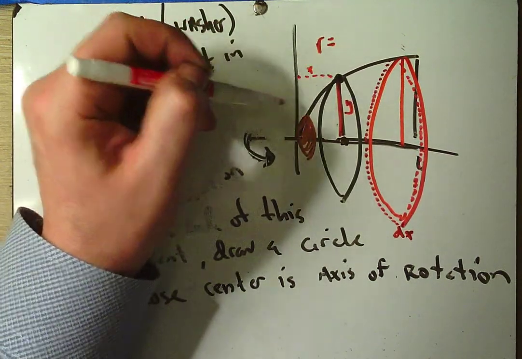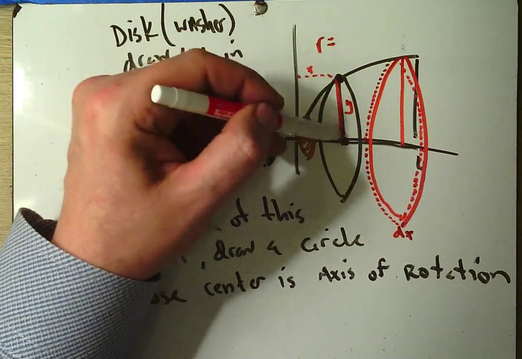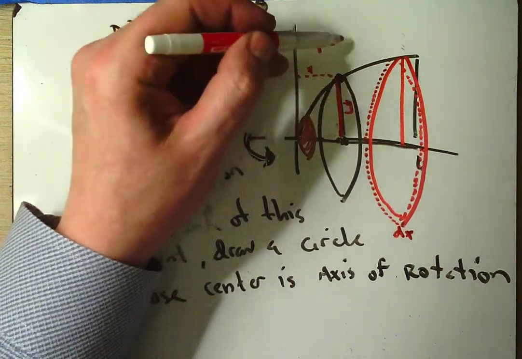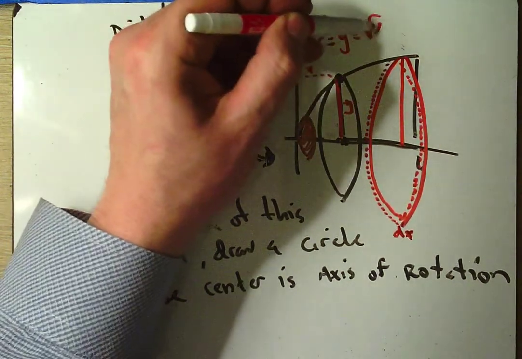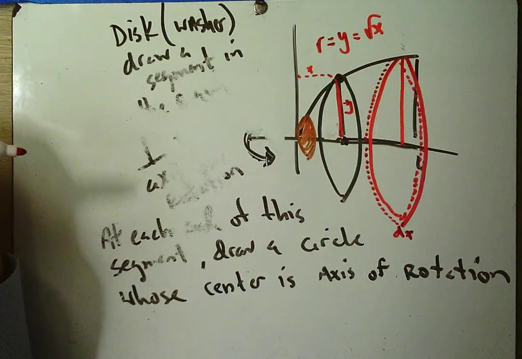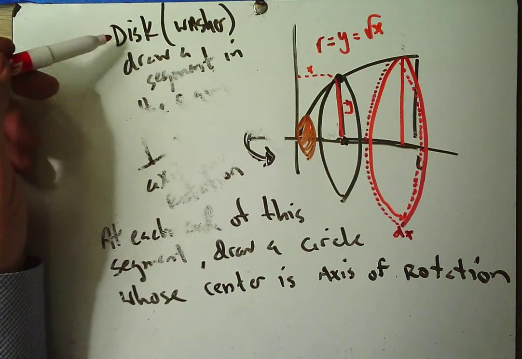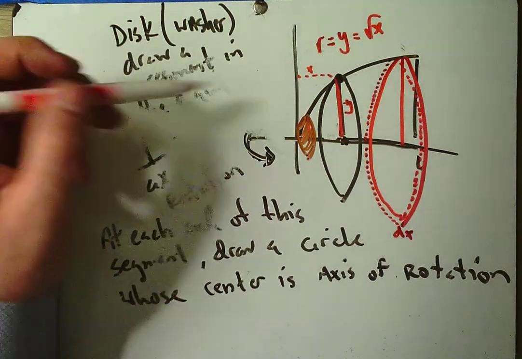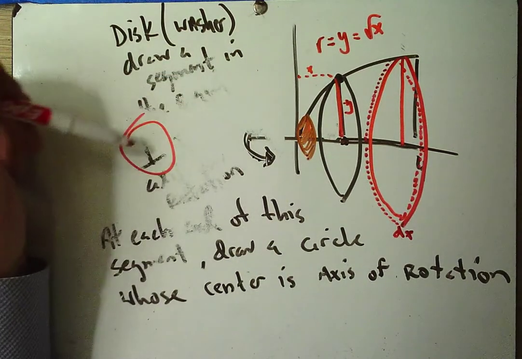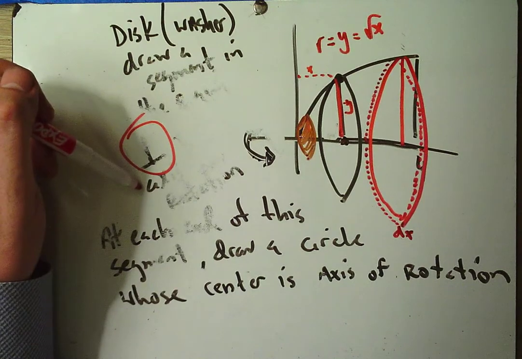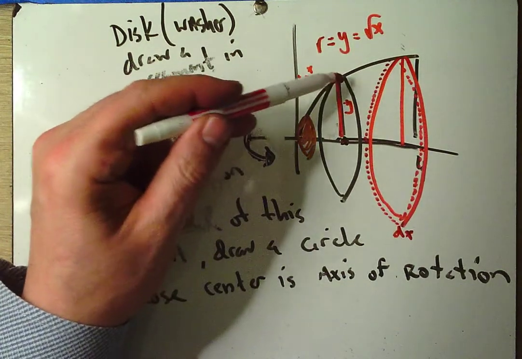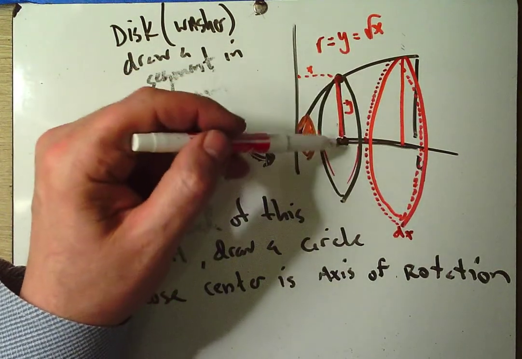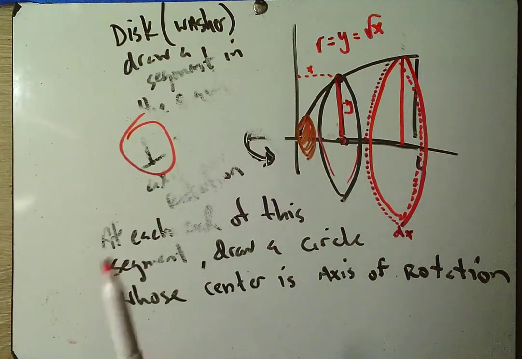This would be the x value. The radius of the circle is formed by the y value, or square root of x. Okay? So again, when you're doing a disc or a washer, you draw a segment in the region perpendicular to the axis of rotation, and then at the end of that segment, you draw a circle whose center is the axis of rotation. Now, why did I say circles at each end?